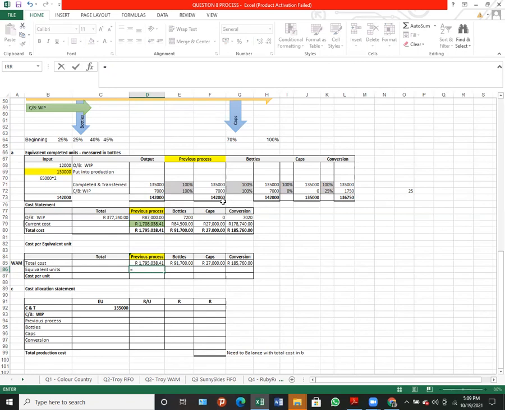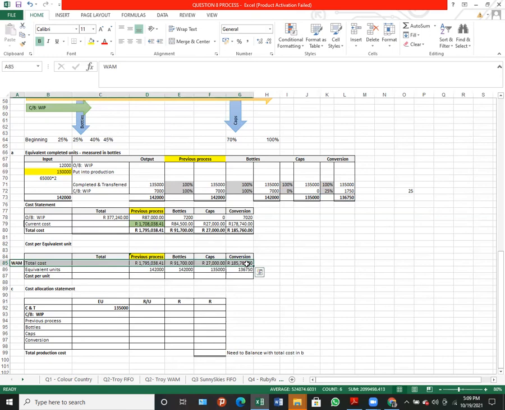Previous month, guys. 142,000, for sure. And then here, guys, is weighted average method.